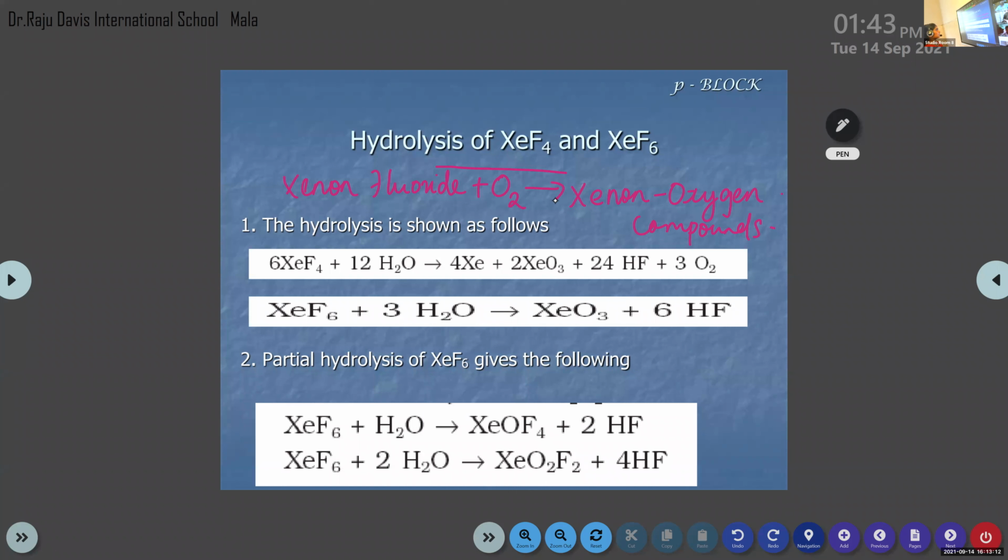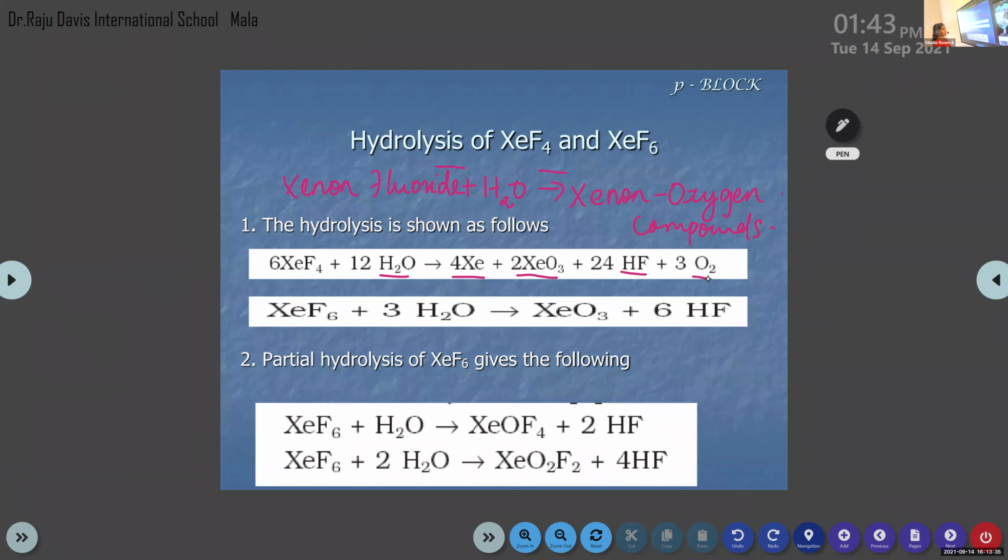The first reaction, XeF4 plus H2O. Sorry, not oxygen, H2O. Hydrolysis, right? XeF4 plus H2O gives Xe, then XeO3 plus HF plus O2.